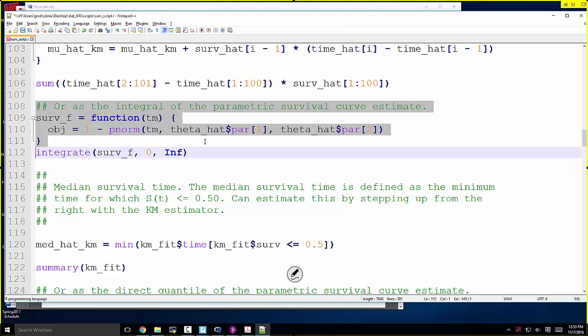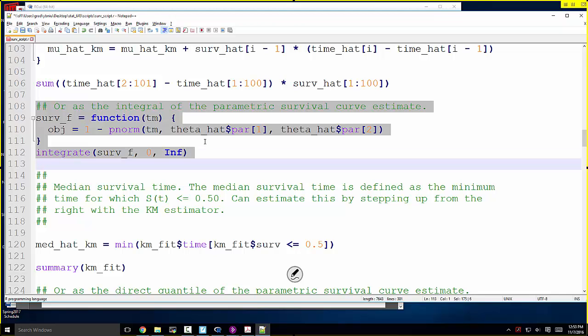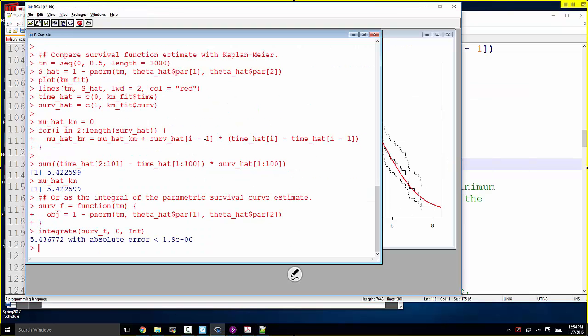So you tell me what the estimate of mu and sigma are. 1 minus pnorm, plugging those values in, is the parametric survival curve estimate. So here I'm creating a function called surv_f that evaluates that parametric survival curve, and then we will integrate it from 0 to infinity. Pretty close to the estimate from the Kaplan-Meier curve.